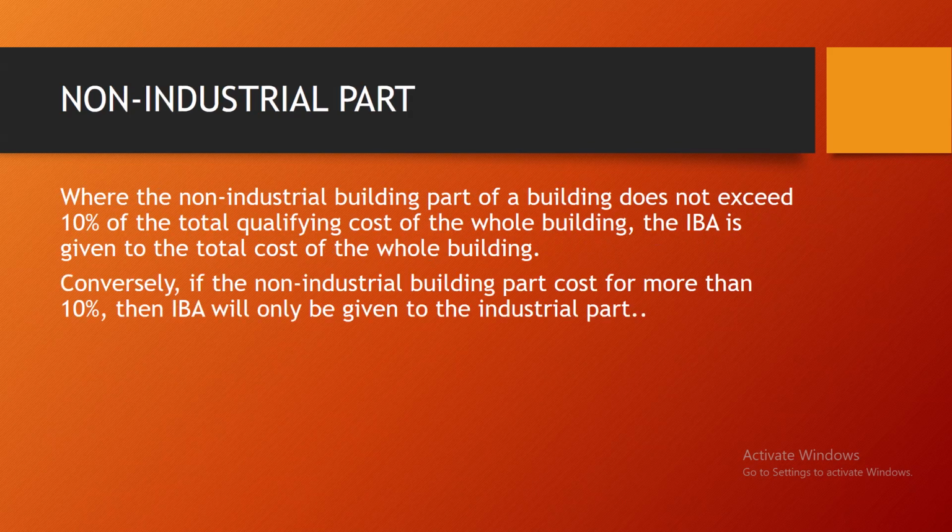Now, there is also what can be talked about as a non-industrial part. Non-industrial parts are buildings that have nothing to do with the conversion of materials to finished goods, or basically production or manufacturing, as we have described for industrial buildings for capital allowance purposes.